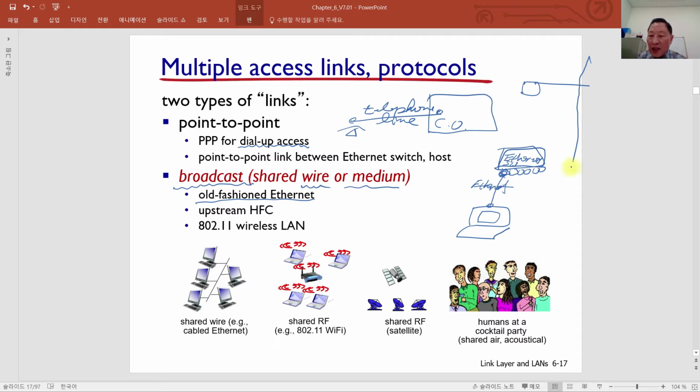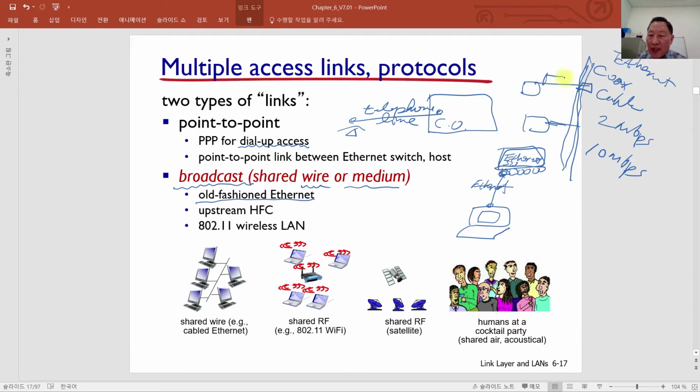This is an Ethernet cable, usually coaxial cable, long time ago around 2 Mbps or 10 Mbps speed, and this coaxial cable is shared with many other computers. Thus, this one is a single medium, single link.